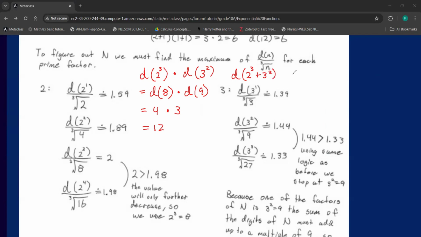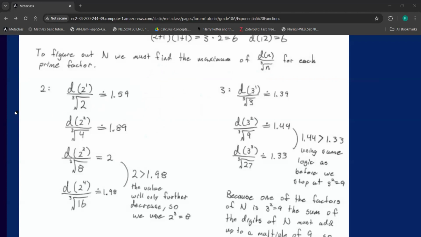That is how you write it if you were following the product rule. But because we're not trying to actually find what 2 cubed times 3 squared is, we're just trying to find the number of factors, that is the reason why this works. And so that's basically the logic that we're following here.